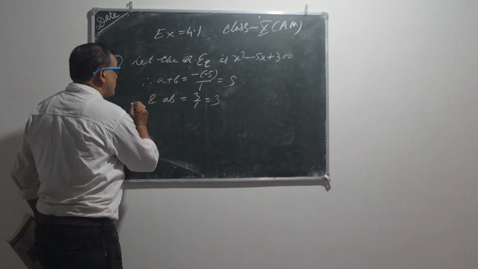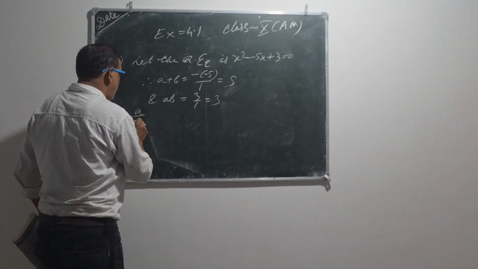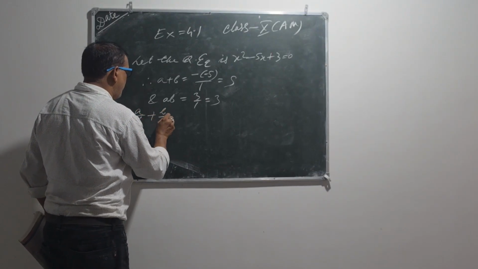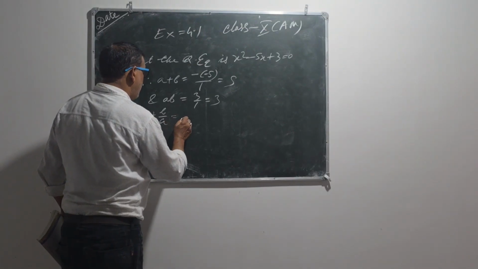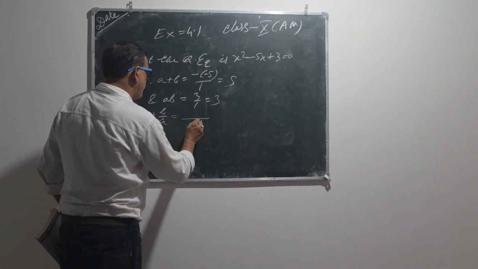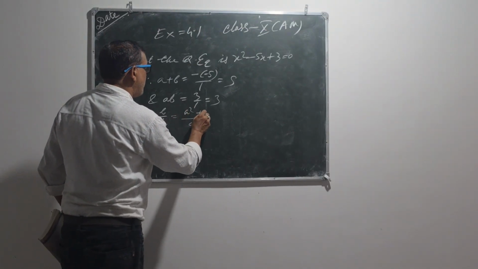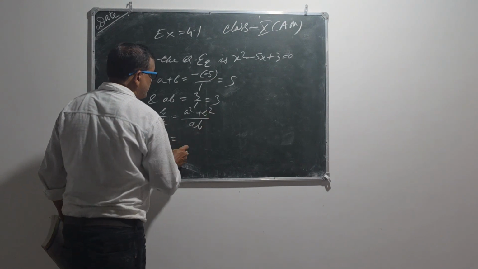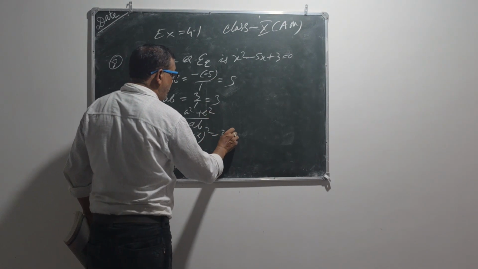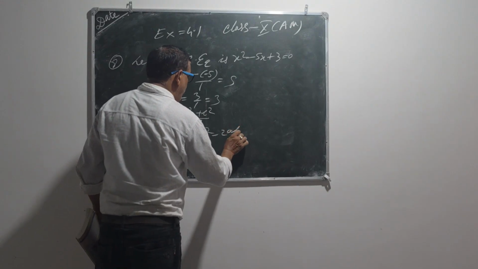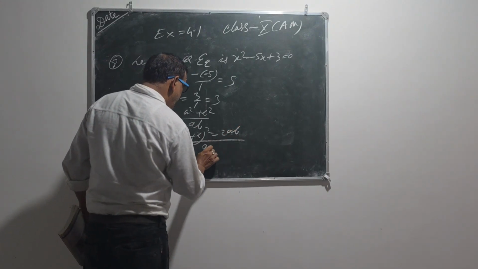Therefore, a by b plus b by a, taking ab as the LCM, is a square plus b square, that is a plus b whole square minus twice ab, divided by ab.